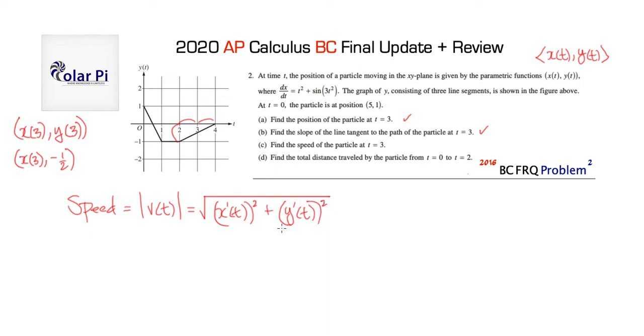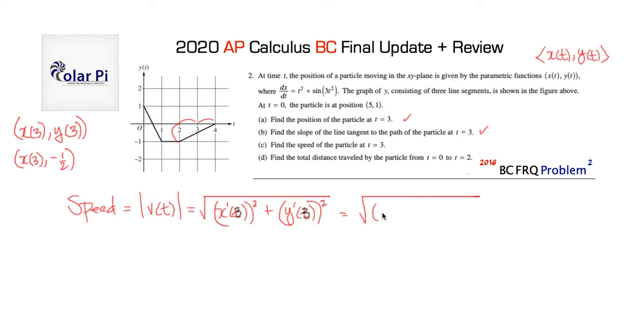Now, in the interest of time, since what we have to do is do this when t is equal to 3, I'm just going to write over these. So we put 3 in there, we put 3 in there, right? So what this amounts to is the square root of, I'll live with that. I don't want to annoy you too much. x prime of 3, well, fine, that's plugging in 3 in there.